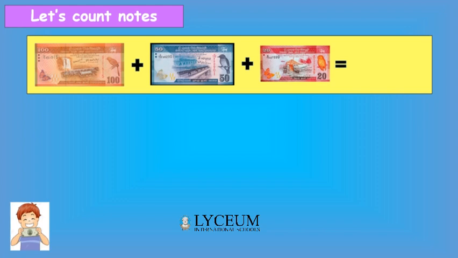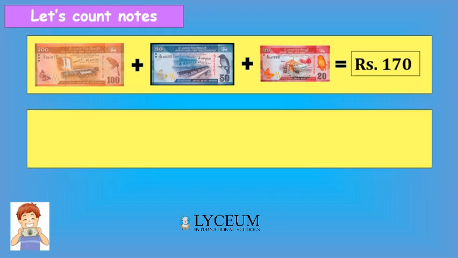So you keep 150 in your mind, take 2 fingers and you're going to count in 10. You're going to take 2 fingers for 20 rupees. So 150, 160, 170. What's the answer? 170 rupees.